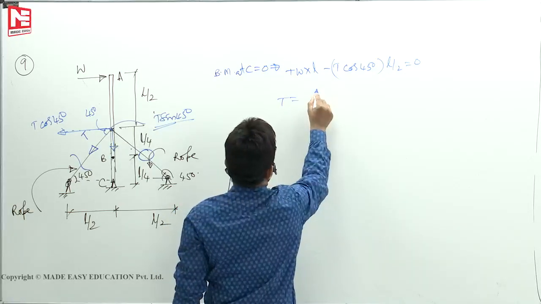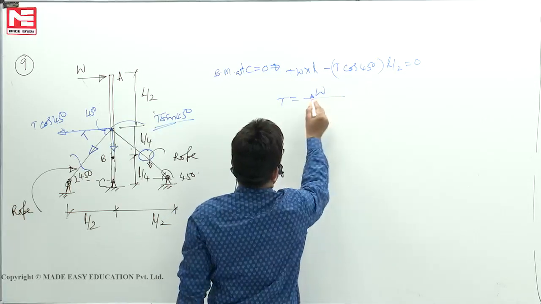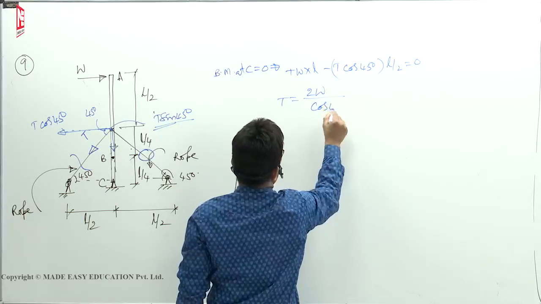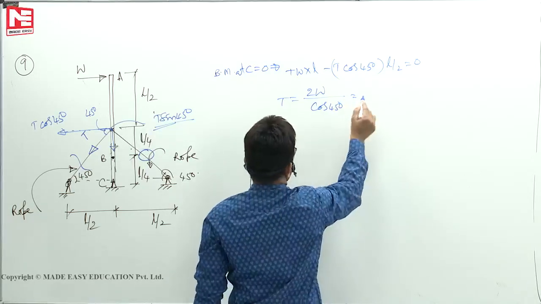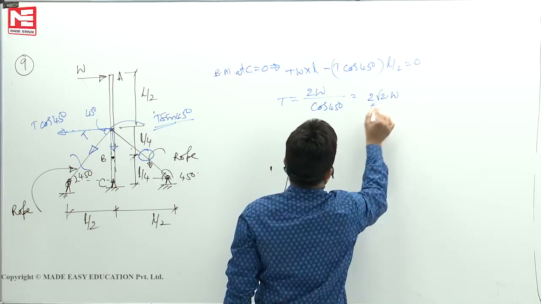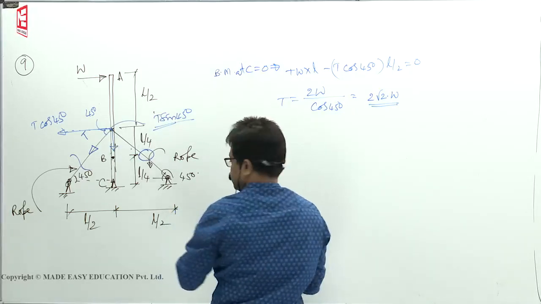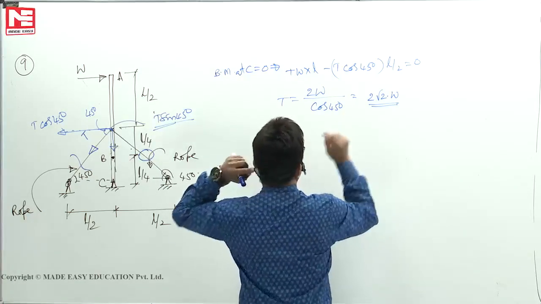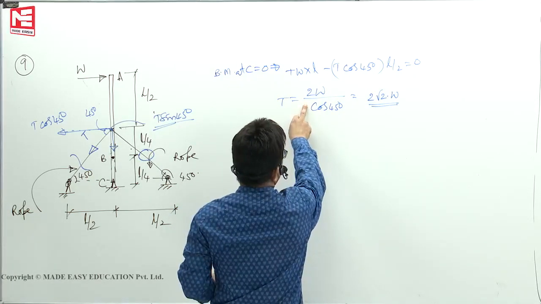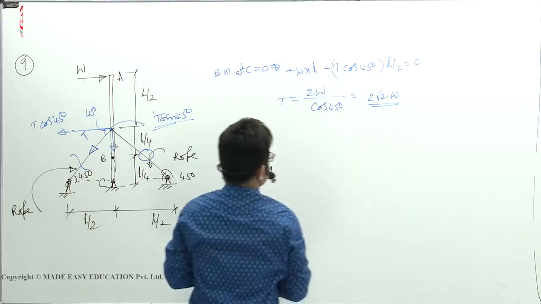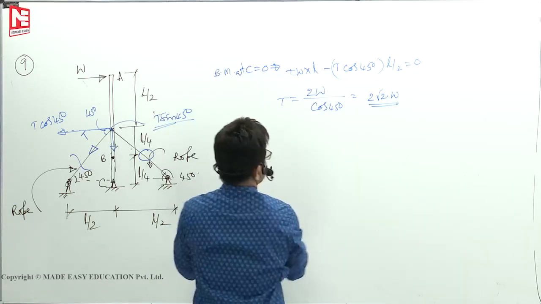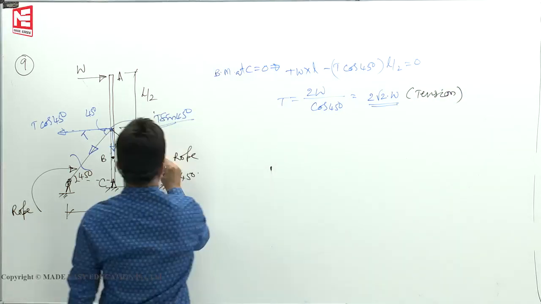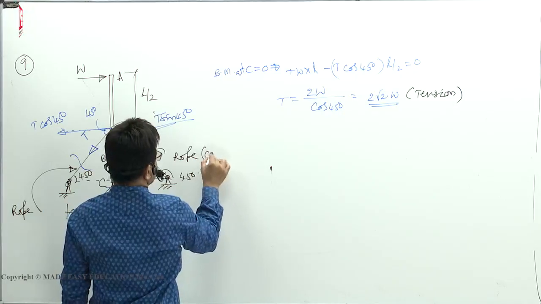So T is equal to W by, L by 2, it is there, goes here, 2W by cos 45. Cos 45 means 1 by root 2. So 2 root 2 W. So L, L cancels out. 2 goes this side, 2W by cos 45. Done. So this is the tension. Rope cannot take compression.